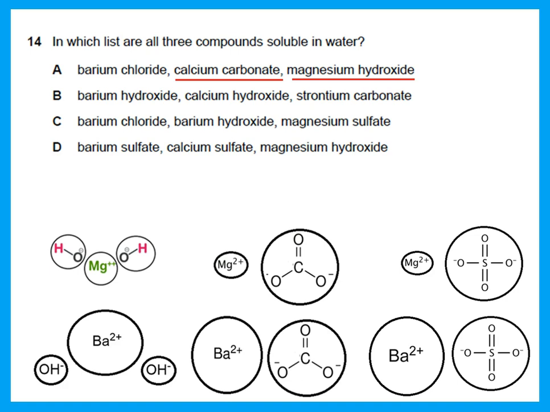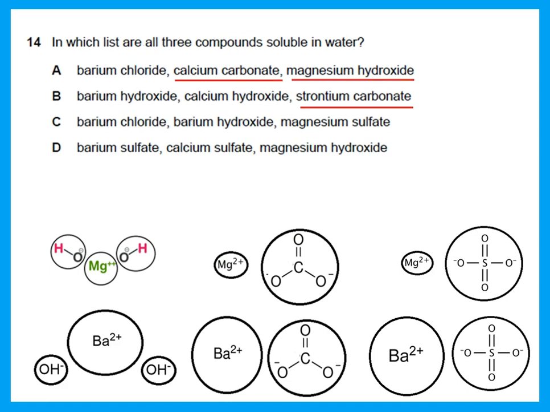Magnesium hydroxide, this is a small cation with a small anion, so that also will be less soluble. Now, in B, we have what? We have strontium carbonate. Strontium is a big cation, and we said carbonates with big cations going down the group are less soluble. So strontium carbonate is not soluble in water or less soluble.